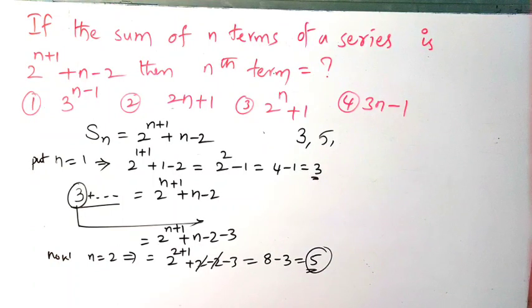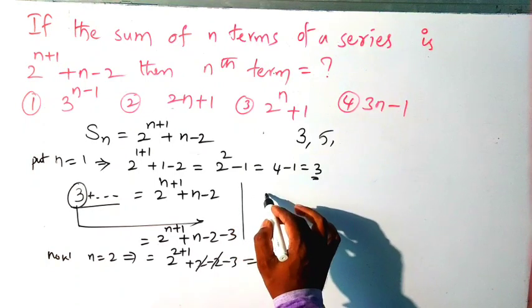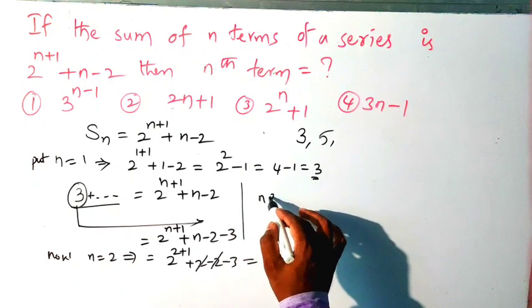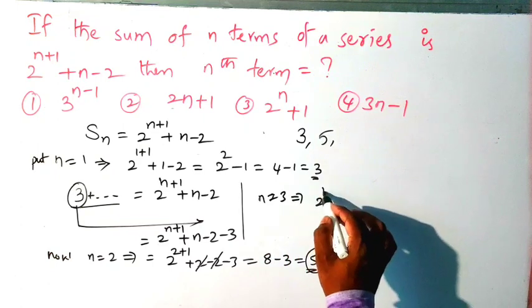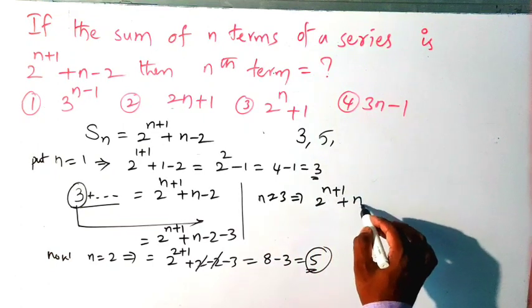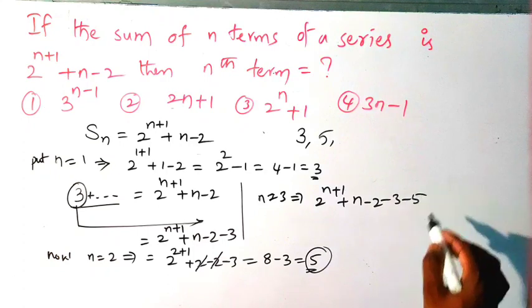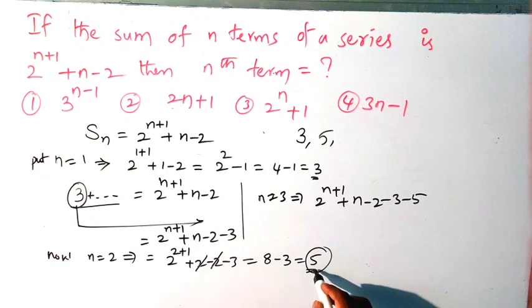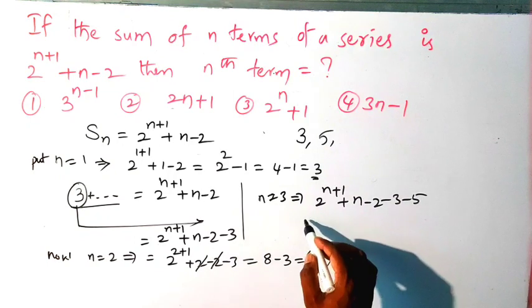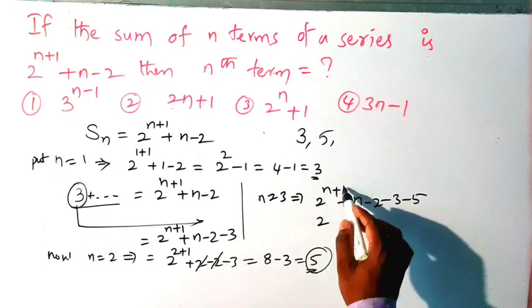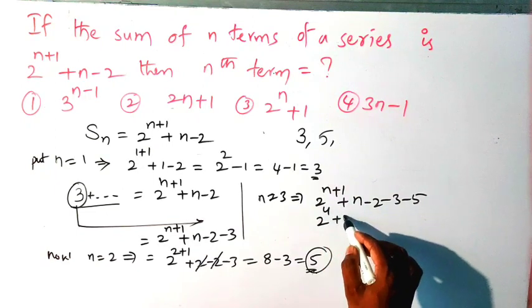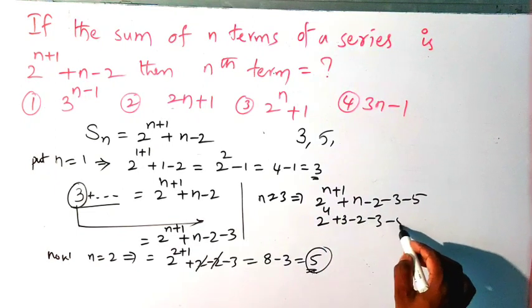Now we find the third term, same as usual, and the remaining 5 also goes to this side. Then n equals to 3 we substitute here. We get 2 power of n plus 1 plus n minus 2 minus 3 minus 5. Why? Because the second term is 5. Now 2 power of 3 plus 1, that is 16, plus 3 minus 2 minus 3 minus 5.